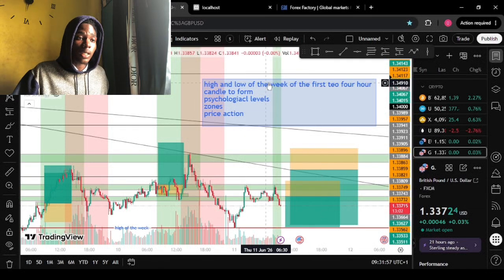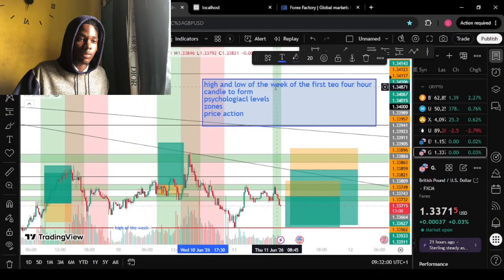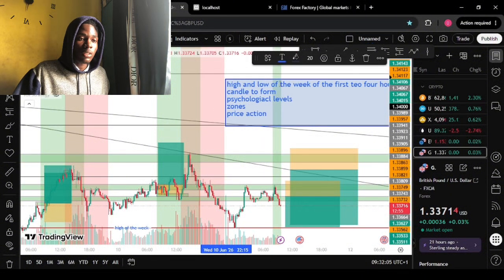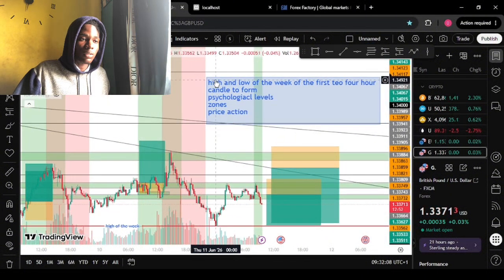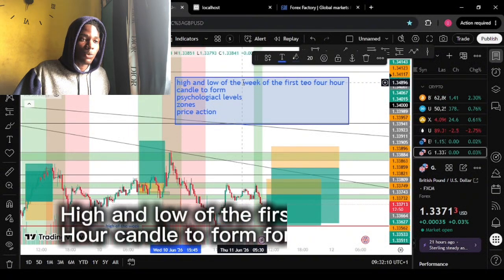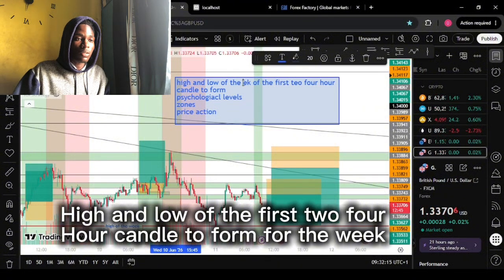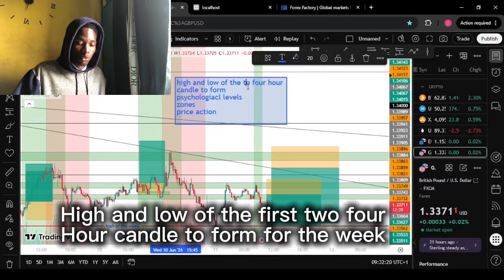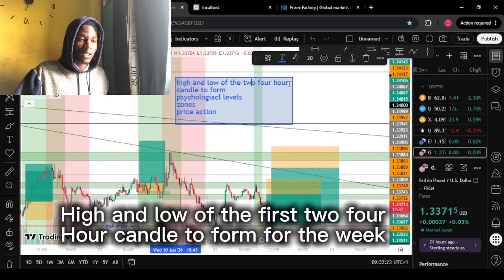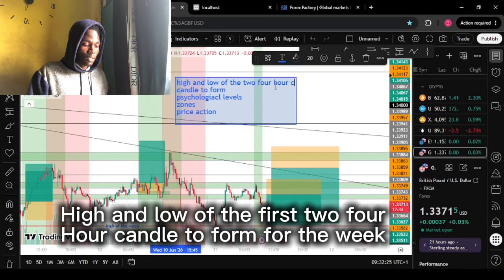High and low of the first 24 hour candle to form for the week.